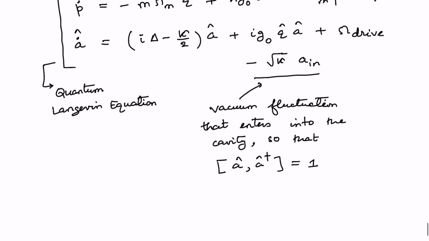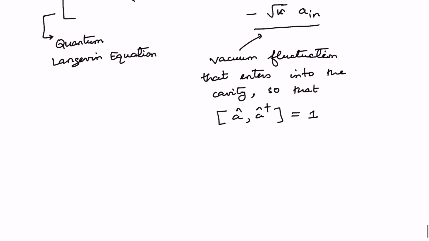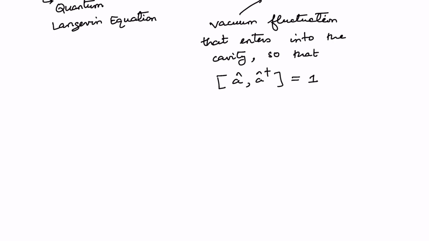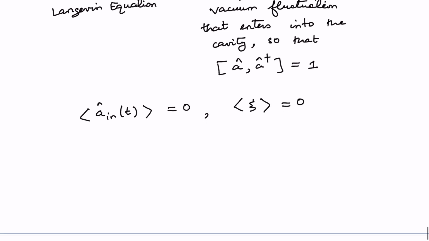I will come to that in a minute. One important point I have to make here is that the input noise terms do obey certain relations. First of all, they have zero mean, that means the ensemble average of A in is equal to 0, and for the Langevin noise, if you take the average you should get 0.